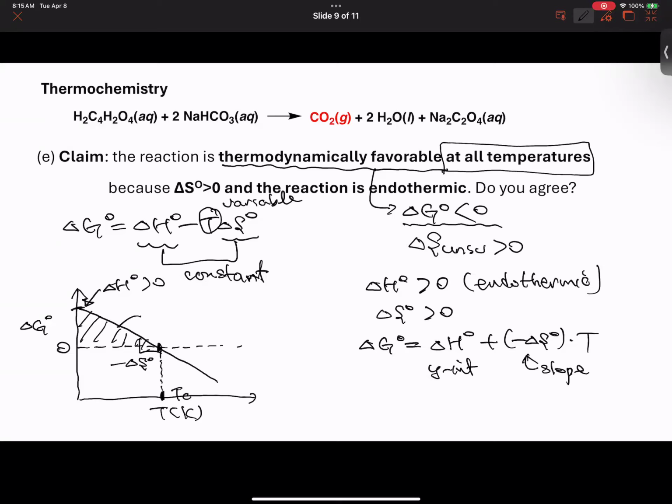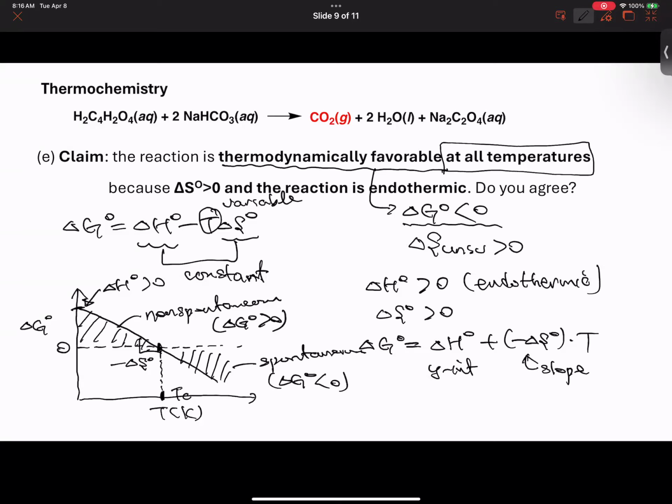In this region, the reaction is non-spontaneous because delta G is positive. Above the critical temperature, it becomes negative and the reaction becomes spontaneous. Delta G is now negative.